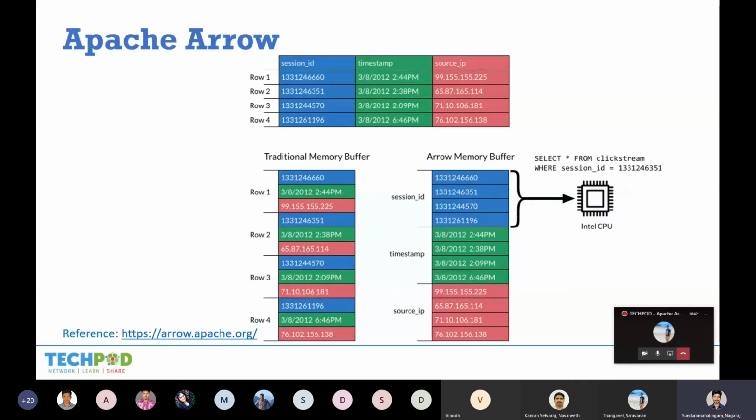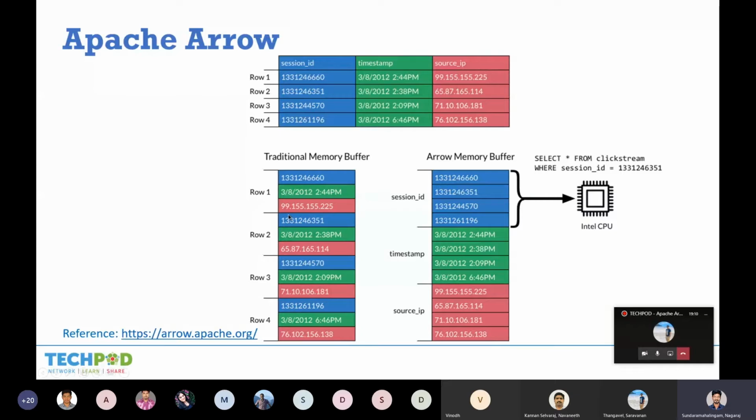So what is the advantage of it? Let's say if you read the information at the column level, you quickly understand the data type of that column. If I read this session ID column at the column level, I can easily assign that this is integer, this is timestamp, and this is probably a string object.